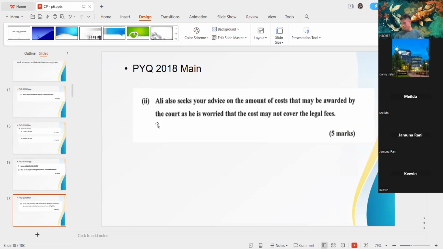Okay, for this question, is any one of you with your rules on call now? Because it's asking, he is worried that the cost of the legal fees cannot be covered. So we can flip through Order 59, the appendix at Order 59 Rule 22.